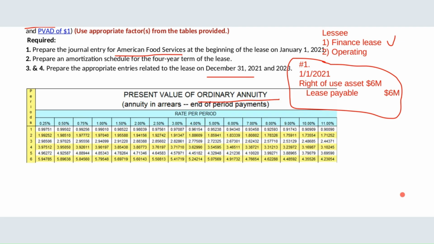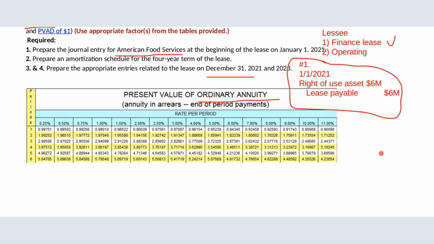4 years, and I is equal to 10%, they told us. So we go to the present value of, well, first of all, we have our 6 million.